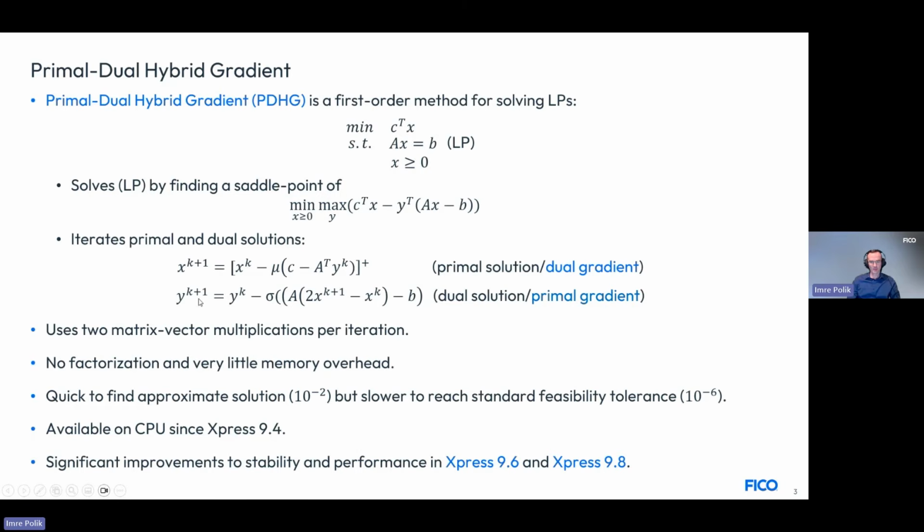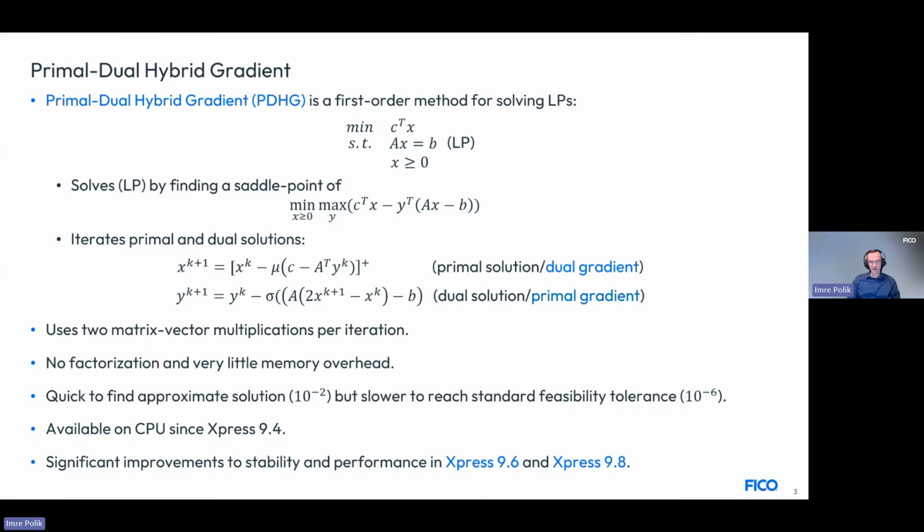On the dual side, the dual update is similar. We take the current primal error, multiply that by a weight and subtract that. The only trick is that we use both the current and the previous primal iterate when calculating the parameters. So this is like a weighted average of the last two iterates or last two errors.